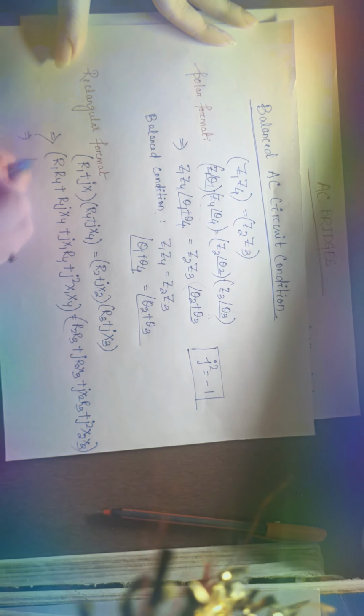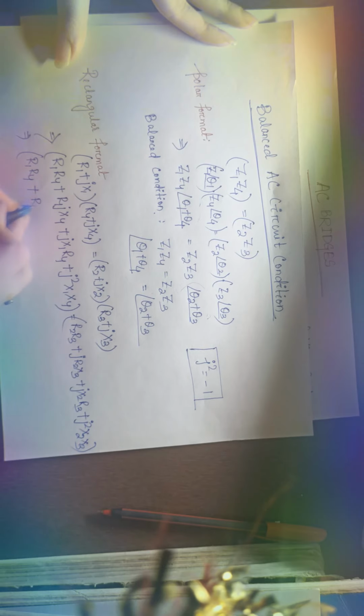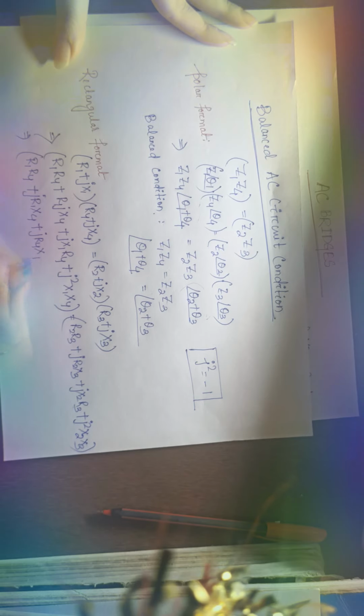So it will come out as R1 R4 plus J R1 X4 plus J R4 X1 minus X1 into X4.